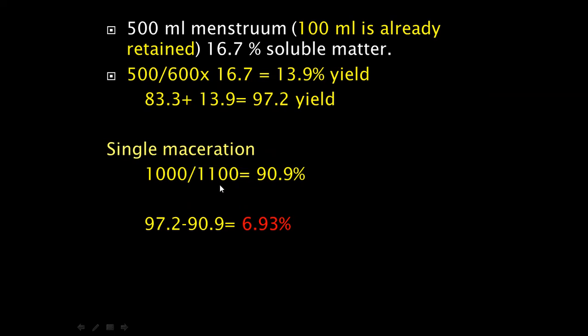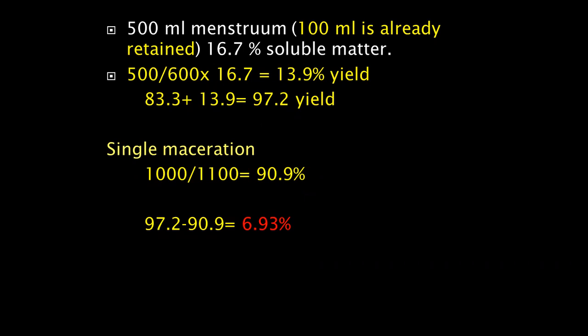So 1000 divided by 1100, I can extract the active constituent only 90.9 percent. Whereas in the double maceration process, I am able to extract around 97.2 percent. So 97.2 minus 90.9, almost 6.93 percent, around 7 percent of the active constituent I am extracting more in the double maceration process.